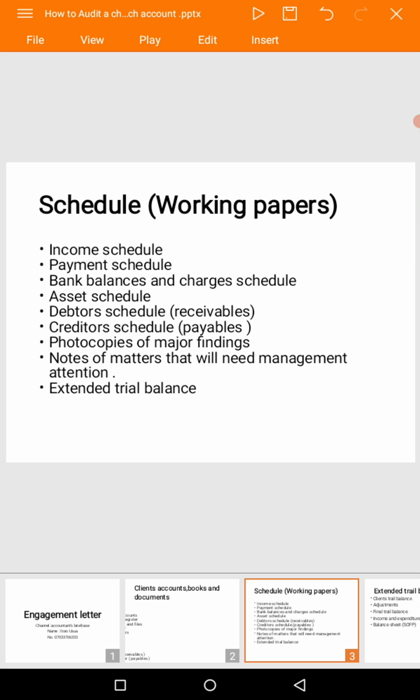Creditor schedule. A major creditor to the church, to me, is audit fees, because the audit fee is paid for later. The audit fee is treated as a creditor, in the sense that you are providing a service of an audit for the year that has passed.